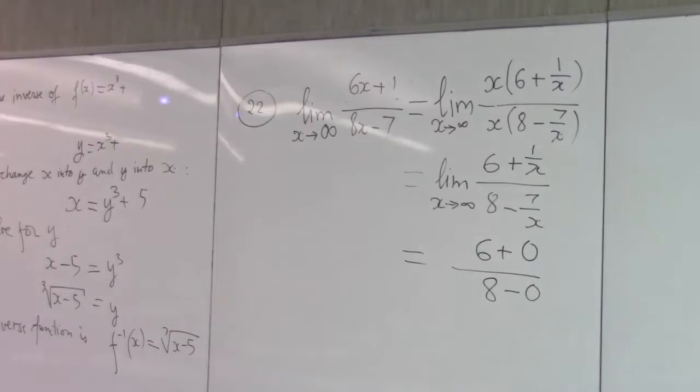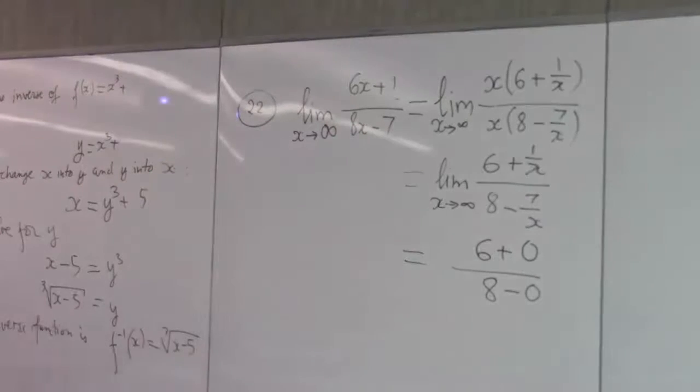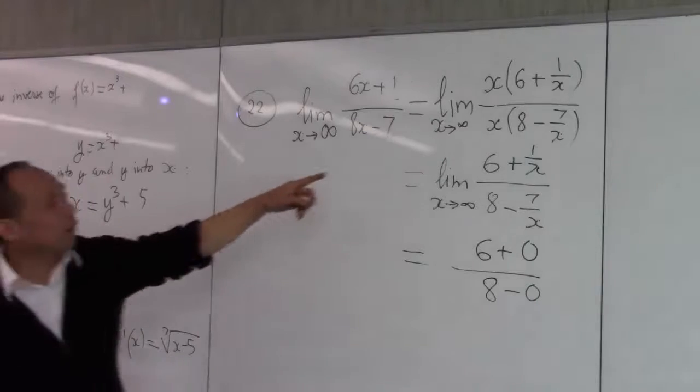When you write too fast, especially here, that's not correct. From this step to this step, that's wrong, because you know that this limit is not this. Be careful of the symbol. So how should we write it then? Here, you see how I write.